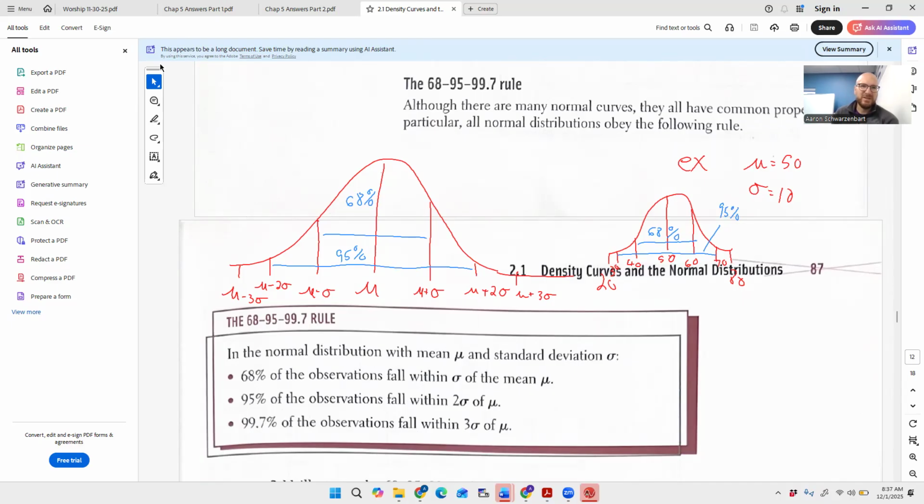And my final one, 3 standard deviations, 99.7%. So that leaves a grand total of 0.3% that fall further than 3 standard deviations away. Okay? Whole grand total of 0.3%.